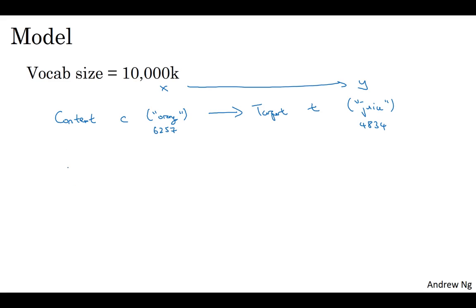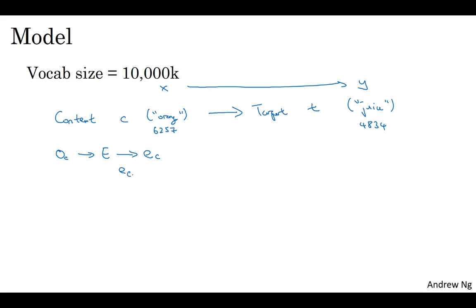So to represent the input, such as the word orange, you can start off with some one-hot vector, which is going to write as O subscript C. So there's a one-hot vector for the context word. And then similar to what you saw in the last video, you can take the embedding matrix E, multiply E by the vector O subscript C, and this gives you your embedding vector for the input context word.